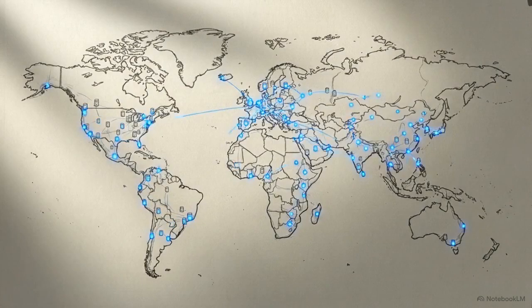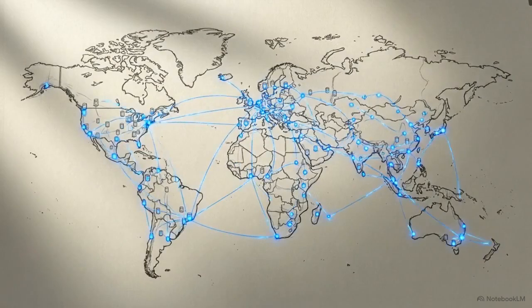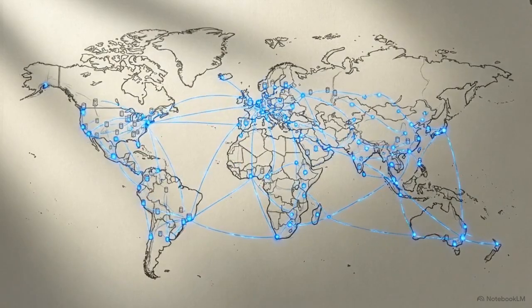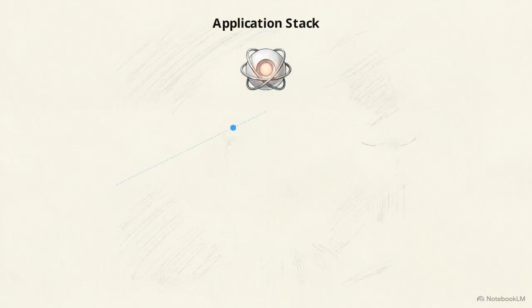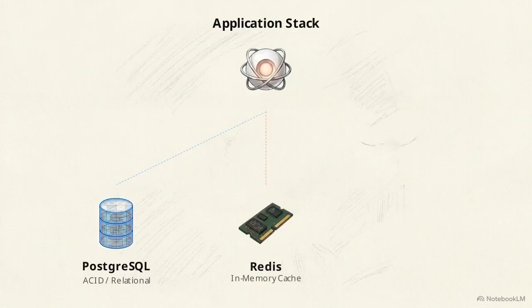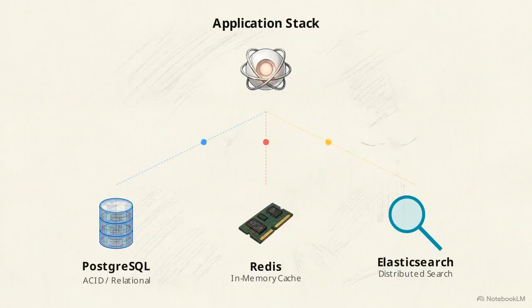You must trade mathematically perfect consistency for continuous availability. In production, enterprise architectures are rarely binary. They deploy multiple database paradigms simultaneously. A modern stack routes precise financial transactions through a highly normalized Postgres engine, pulls session data from a Redis cache, and directs distributed read operations to Elasticsearch.